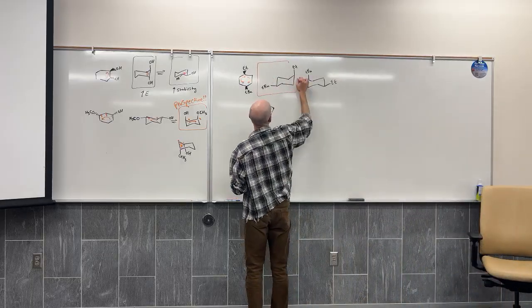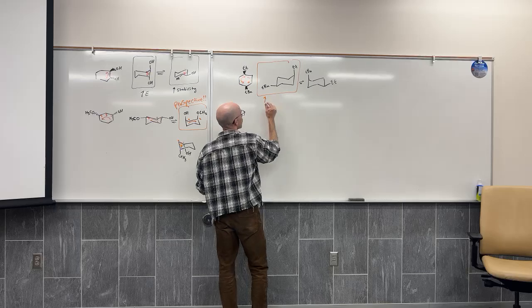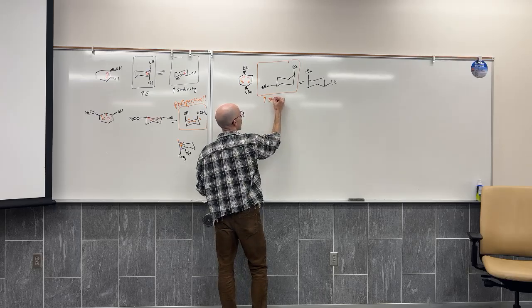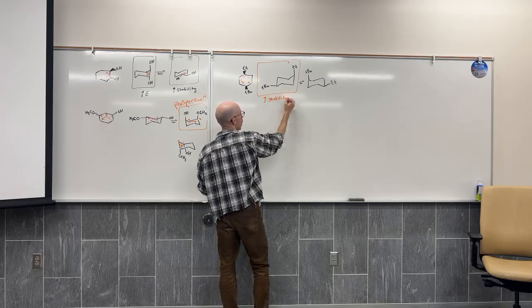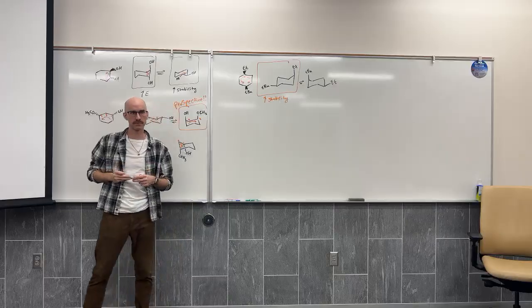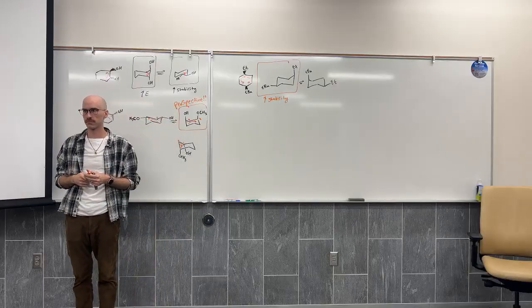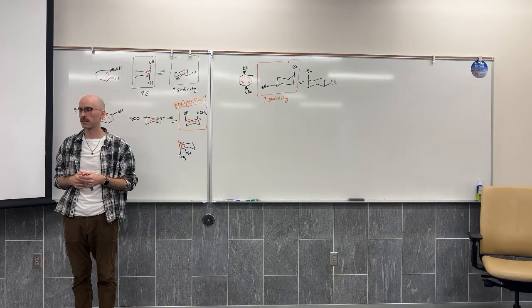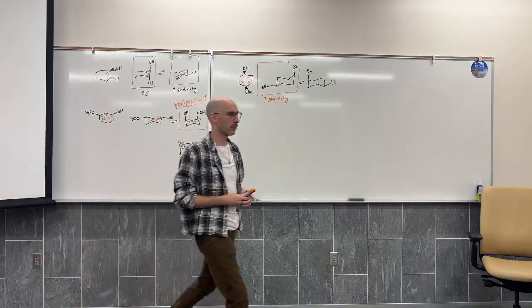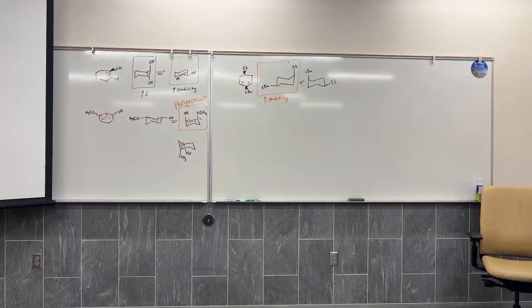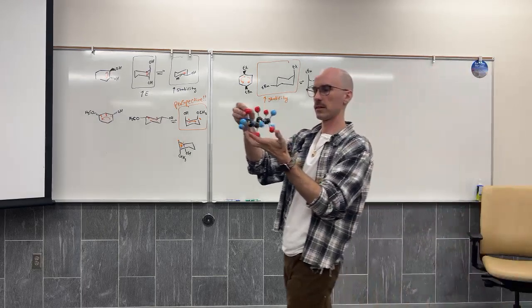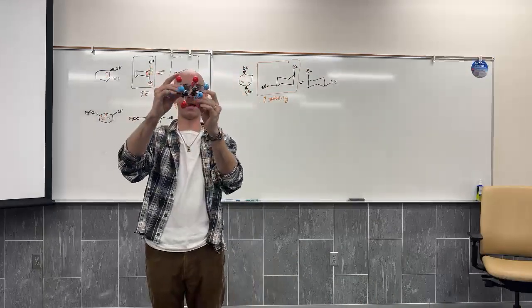High stability. Low energy. Yep. Equatorial points almost exactly along the equator, although you guys might remember from this little ball and stick model, they point up and down a little bit too.